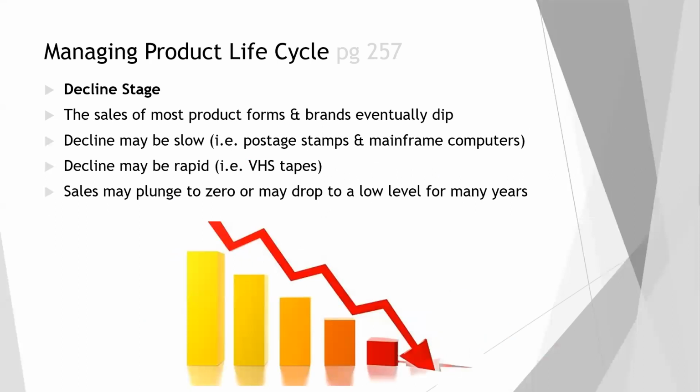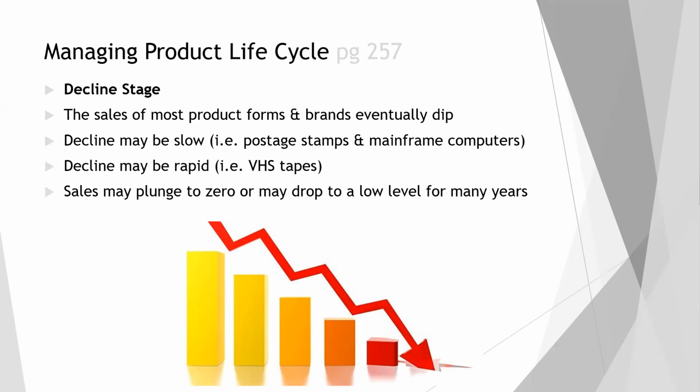And then, unfortunately and inevitably, we're going to hit our decline stage. So the sales of most new product forms and brands are eventually going to dip. This decline may be very slow, for example, like postage stamps, mainframe computers, where it's going to take decades, even centuries, or the decline may be rapid.